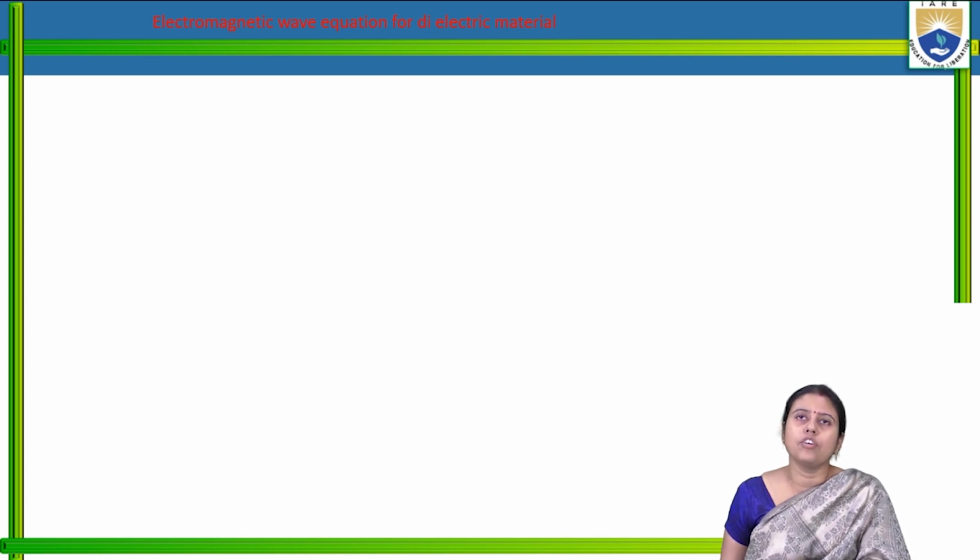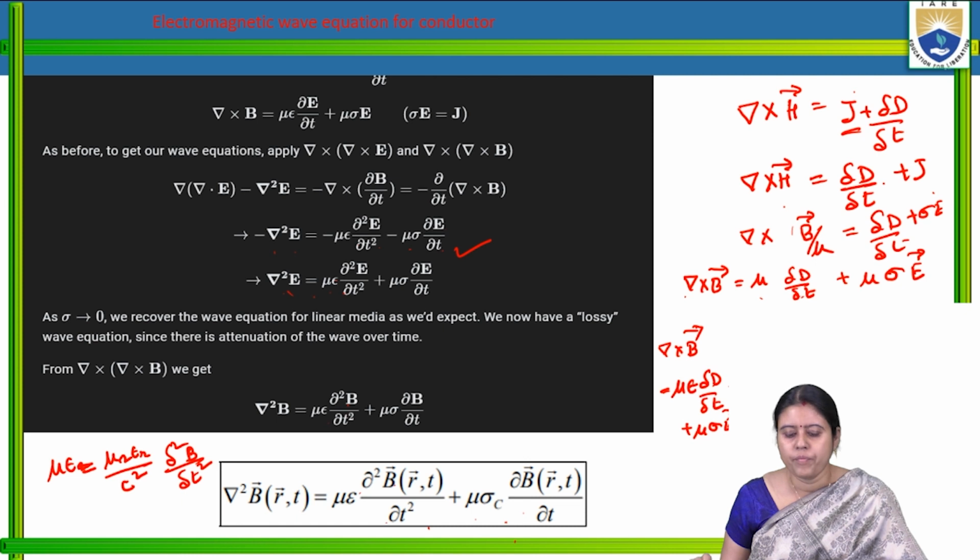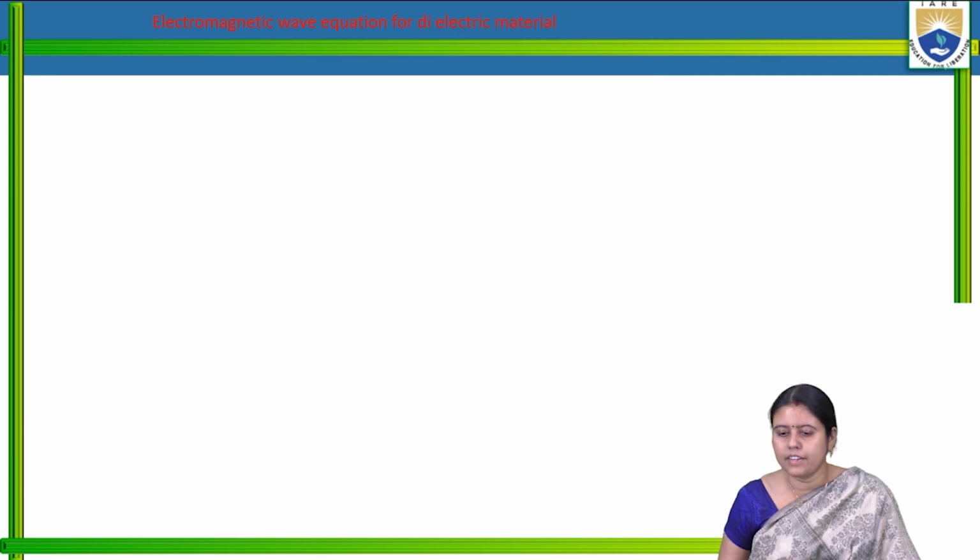Similarly, we can get the same proof for the electromagnetic wave equation for the dielectric material also. What is the change in the dielectric material?